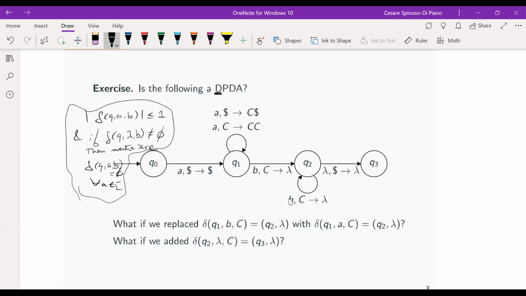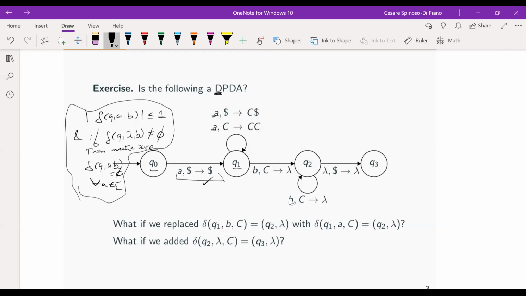So we start at Q0. There's only one transition from Q0 to Q1. That's just checking that you have a $ sign. So there's no choice here, right? So this is okay. If you're in Q1 and you read an A, is there any other transition where you read an A? Yes, there's this one.